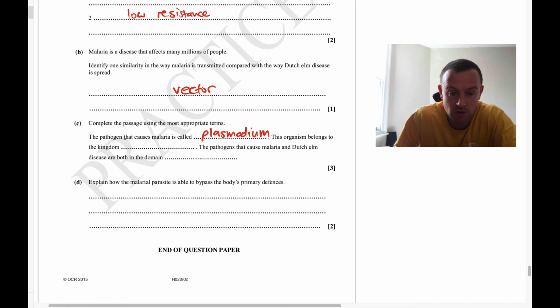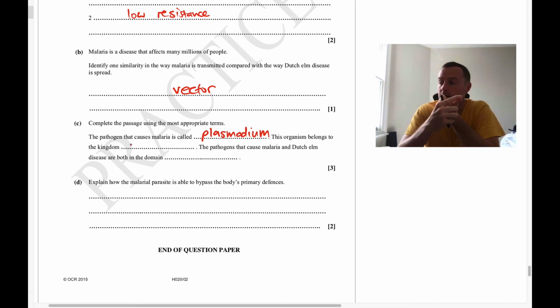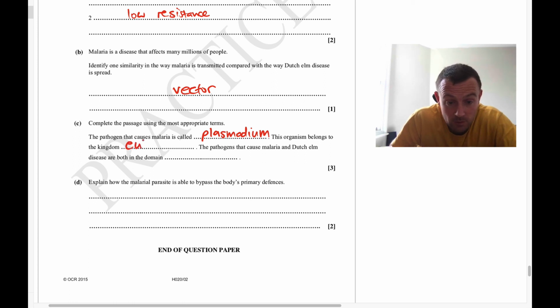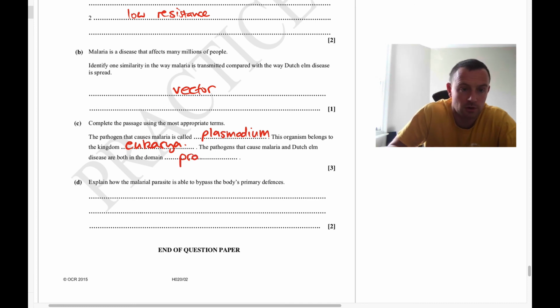This organism belongs to the kingdom. Remember, the 3 kingdoms are Archaebacteria, Eubacteria, and Eukaryota. So it's Eukarya. And the pathogen that causes malaria and Dutch elm disease are both in the domain that is... Oh, I've got those the wrong way around.